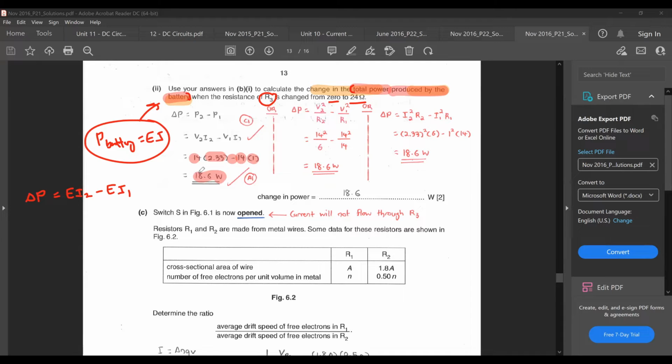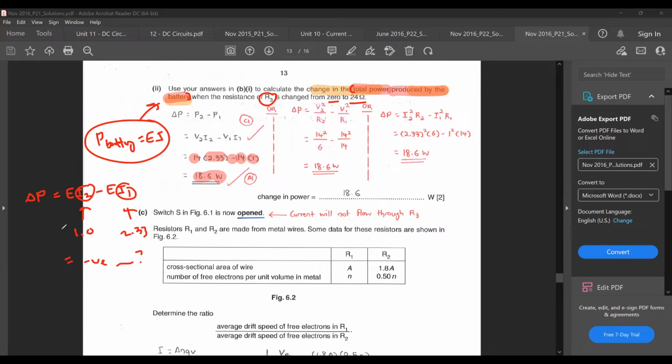This one is the most straightforward one. Power produced by battery, just use EI. Okay, so use that and you should be okay. Just take whichever value is higher minus the lower. If you take I2 as 1.0 and I1 as 2.33, you're going to get a negative answer, so don't bother about that.